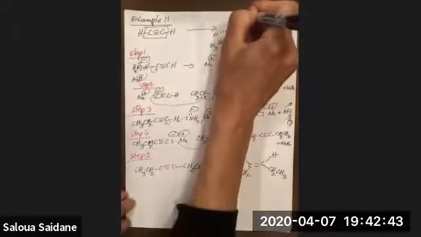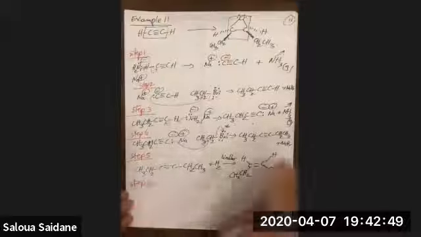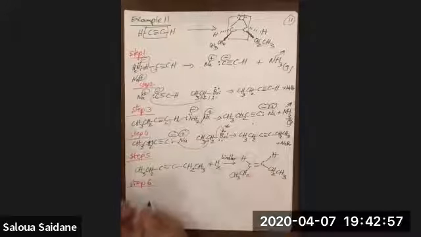So how do we get to the epoxide? This is chapter 6. That's the last step. Step 6 is transforming an alkene to an epoxide. We use a peroxide. So we start with C, H, CH2, CH3.